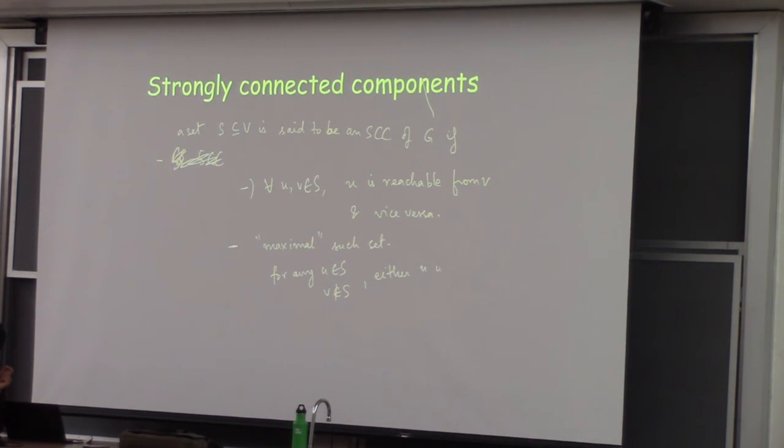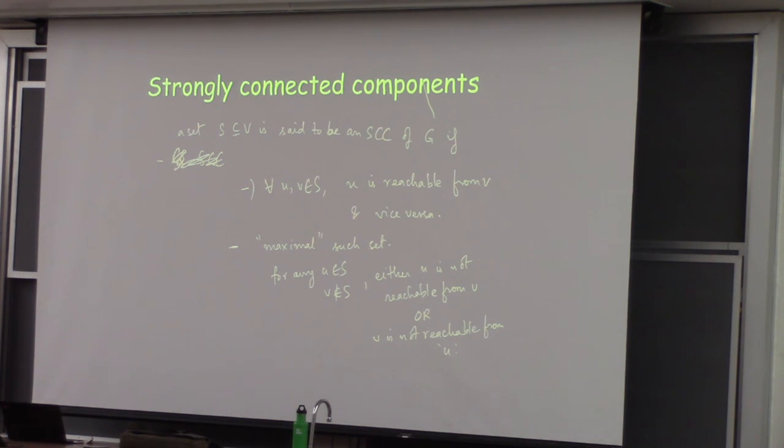Either U is not reachable from V, or V is not reachable from U. So in some sense you can't add anything else to S while keeping it strongly connected. This is what is called a strongly connected component.